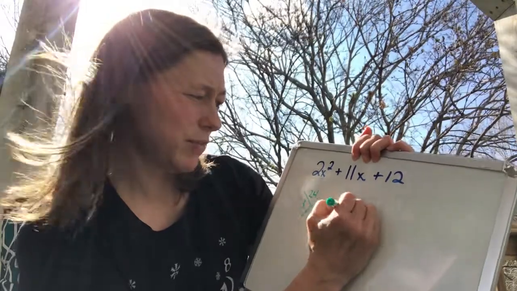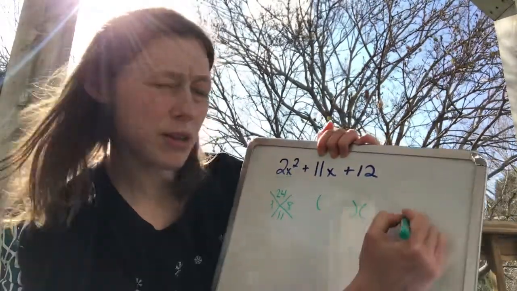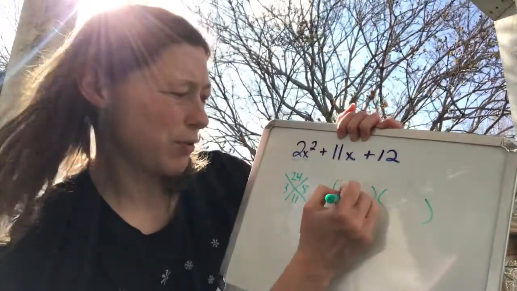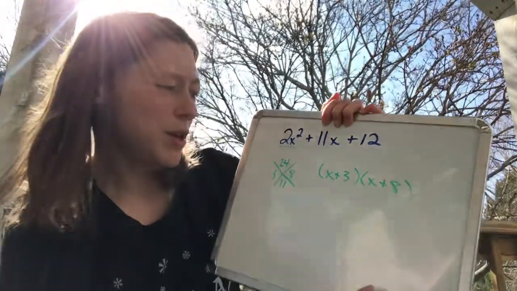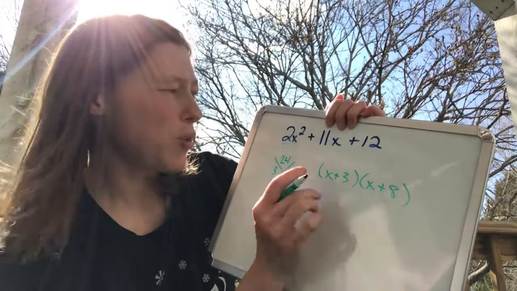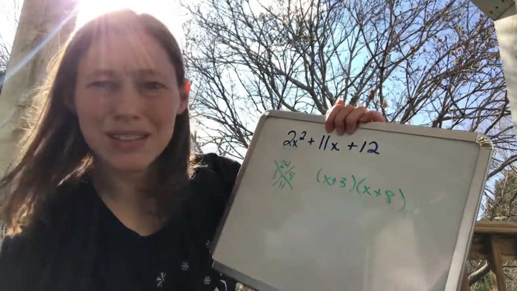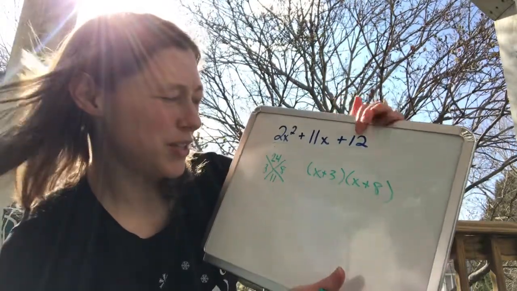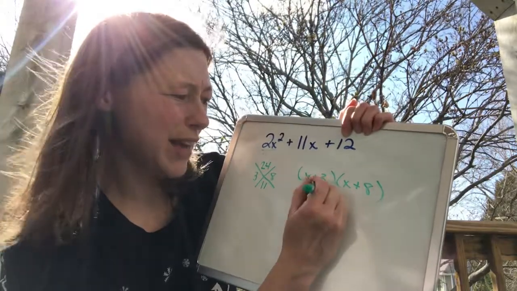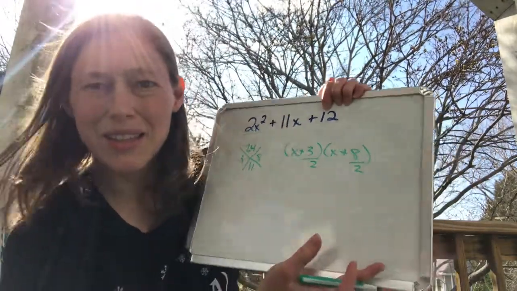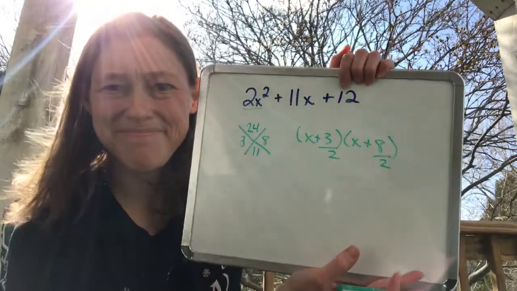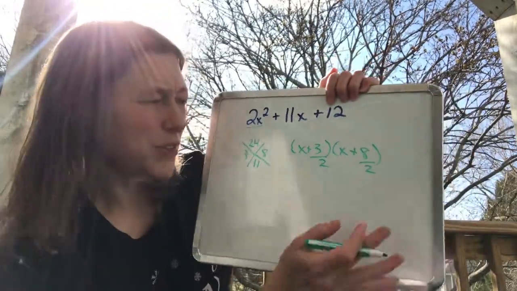Then I'm going to make my 2 sets of parentheses, and we've got x plus 3 and x plus 8. But then remember, we multiplied by this 2. So what we need to do is divide these numbers by 2, because otherwise it's still illegal.